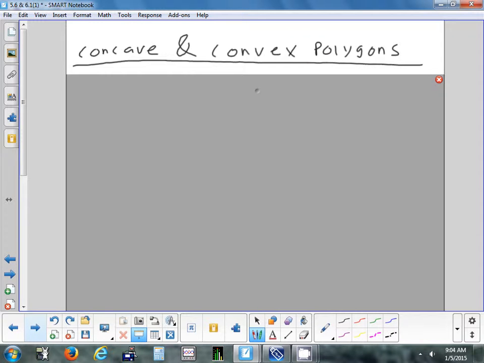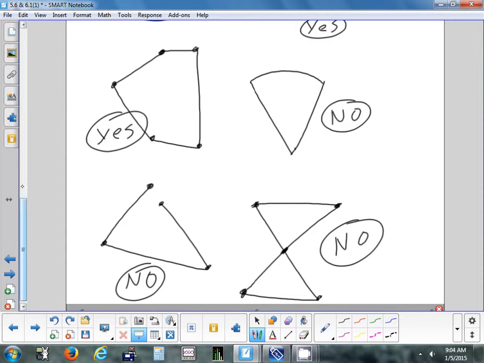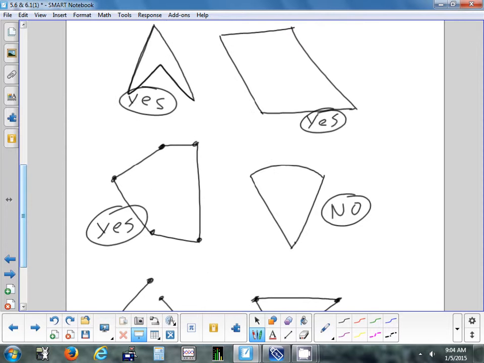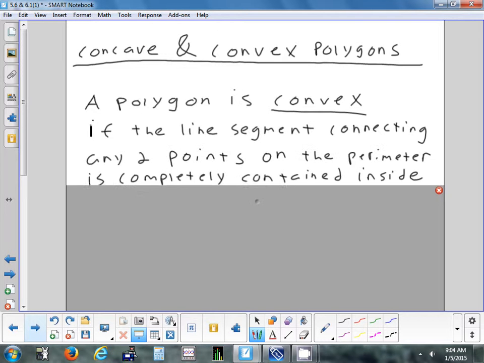All right, so the last thing I want to look at has to do with that shape we looked at right here. We had a shape that kind of caved back in on itself. And that gets into what's called a concave or a convex shape.